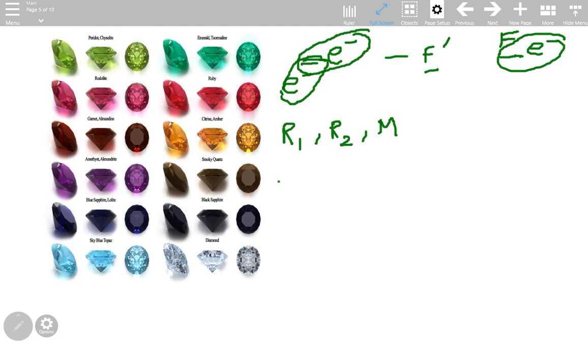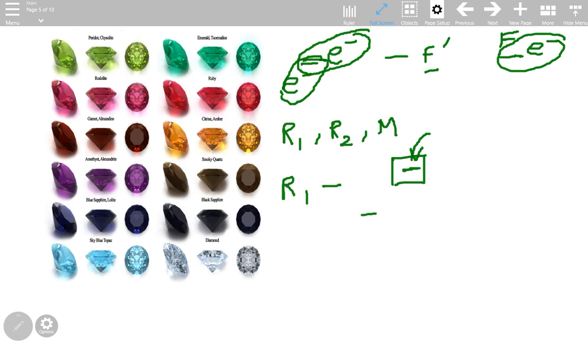So going back to R1, R2 and M center, R1 is the combination of an F center and a negative vacant site like this. So here what happens is that there will be one negative vacant site, where an electron can take, so this is a vacancy for an electron to get in. And already there will be one F center. What is an F center?